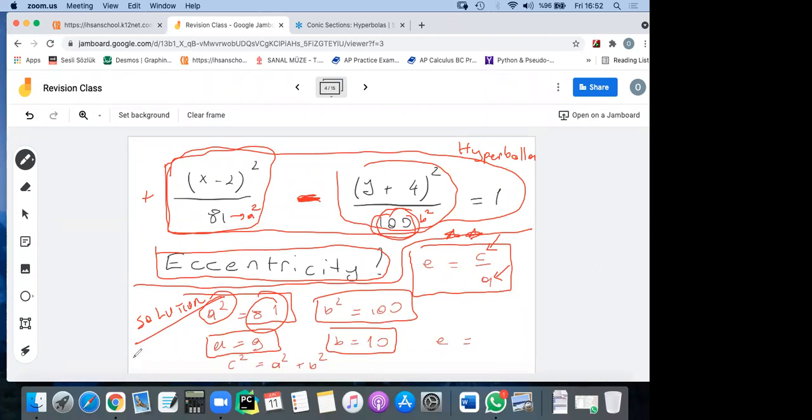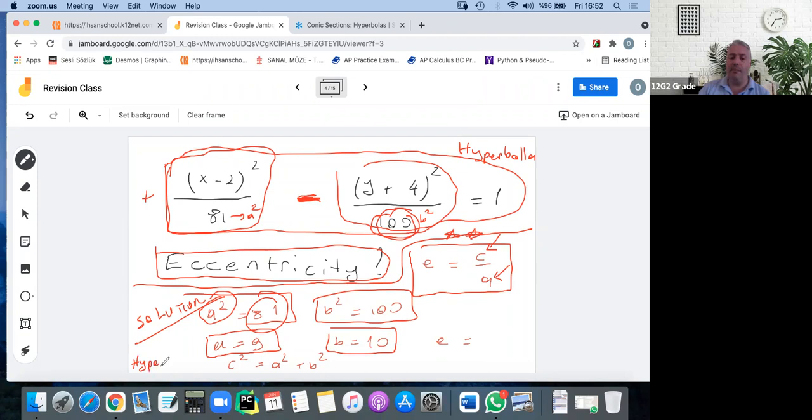For the hyperbola, we have a rule that C squared is equal to A squared plus B squared. We should take a note somewhere. For the hyperbola, C squared is equal to A squared plus B squared. For the ellipse, C squared is equal to A squared minus B squared.